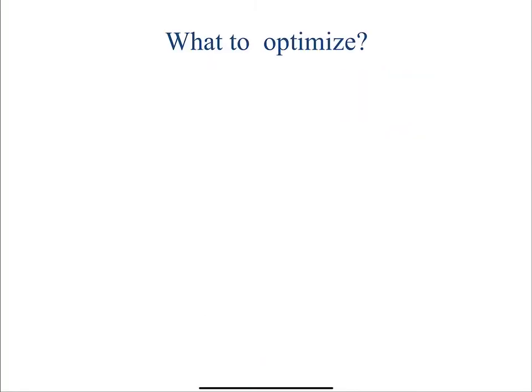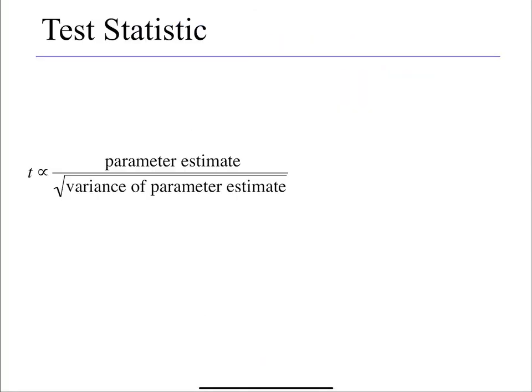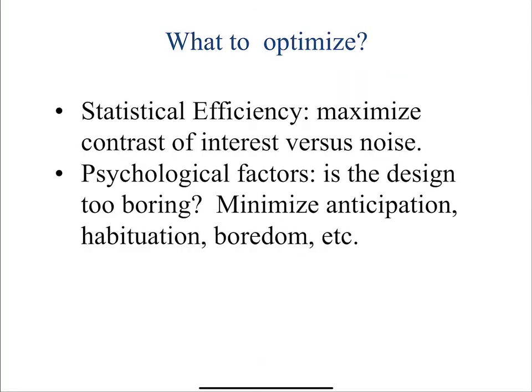So I'm going to give you my 5-minute spiel on what we care about. One is statistical efficiency. We want to maximize the contrast of interest versus the noise. The other thing is psychological factors. Is the design too boring? If the subject falls asleep, your fMRI signal is not going to be very good.